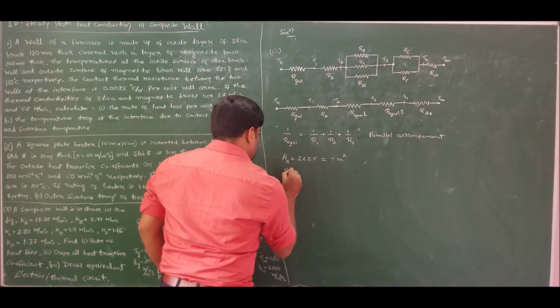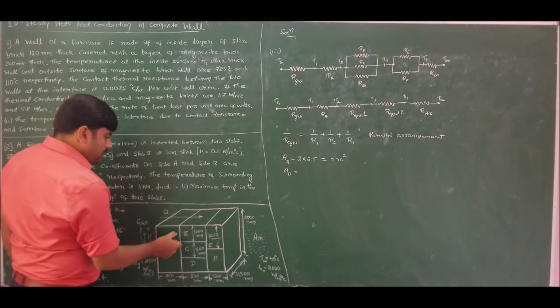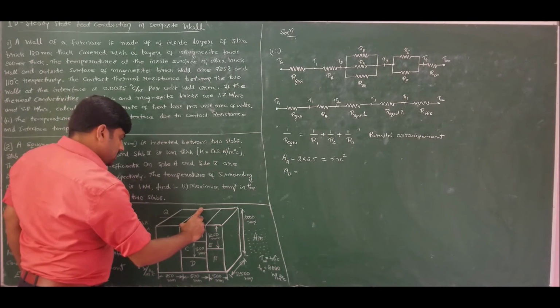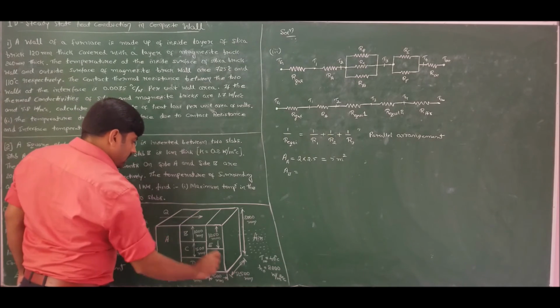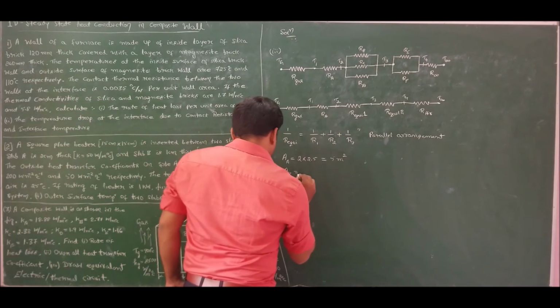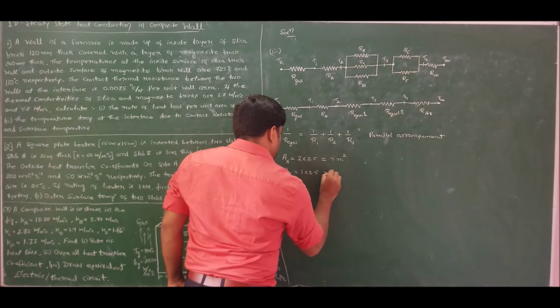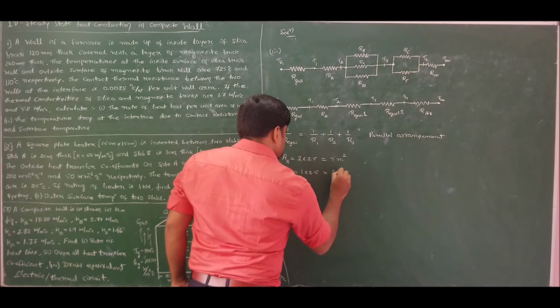Next, coming for the area of element B. So the area of element B is this distance into this height. So this length is known to us, 2500, and this height is 1000. So this is 1 meter cross 2.5 meter. It is 2.5 meter square.